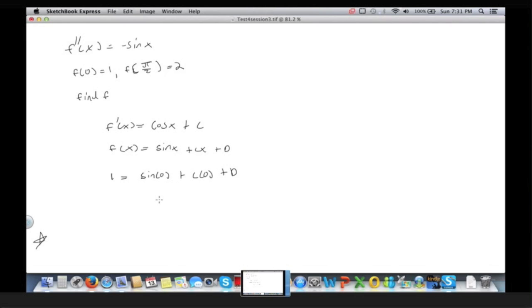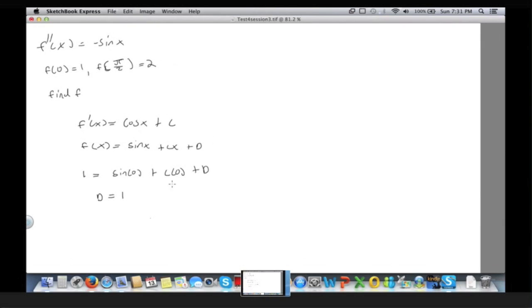I think sine of 0 is just 0, but double check. So d equals 1. And if d is 1, we know what f of x is.